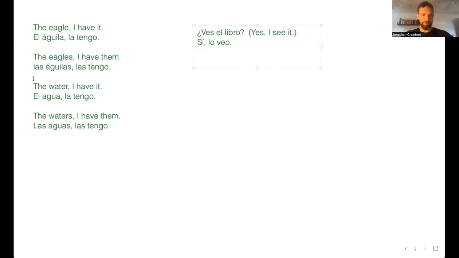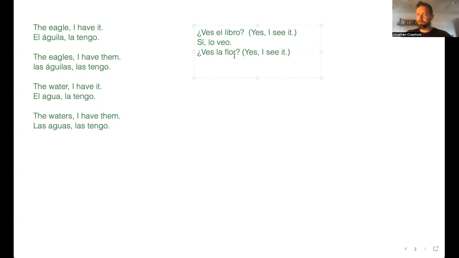All right, let's do another one. I say, ¿ves la flor? And we're going to answer in the affirmative. Yes, I see it. How do we say, yes, I see it, when we're talking about la flor? Oh, by the way, libro means book. El libro is a book.